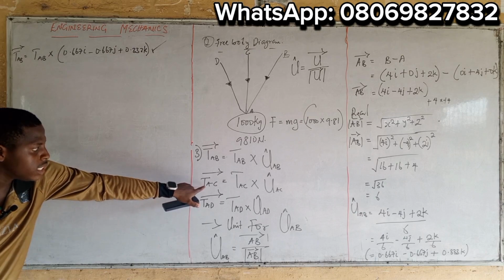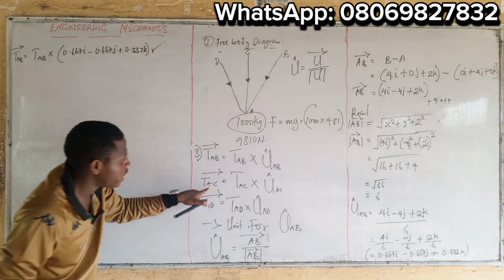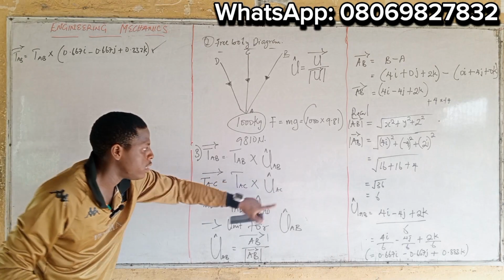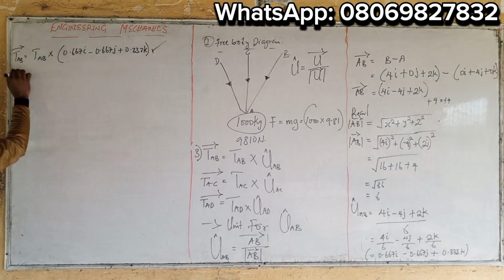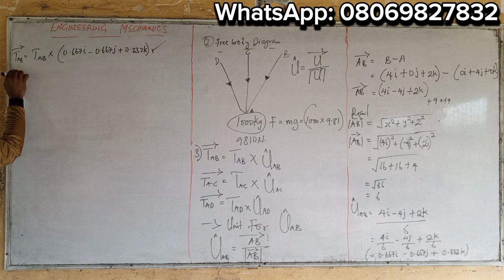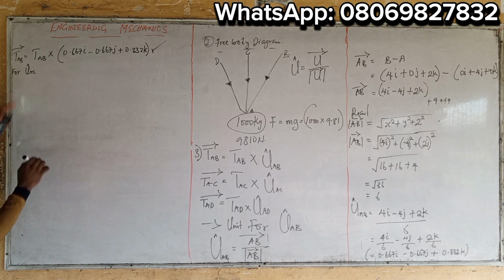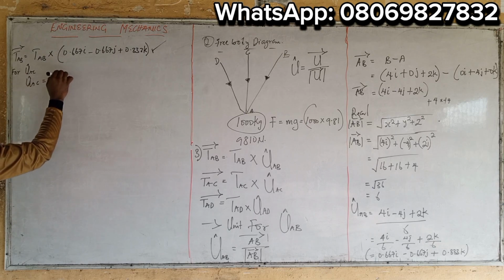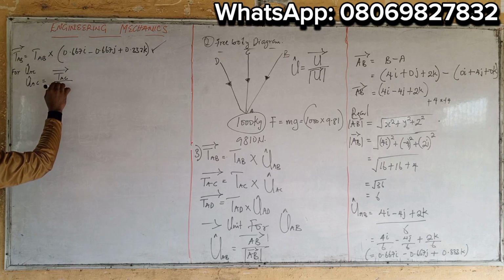The next one is the vector for AC. Now leave this and get your unit vector for AC. How do you get your unit vector? I told you your unit vector AC is simply your position vector AC divided by the magnitude of the position vector AC.